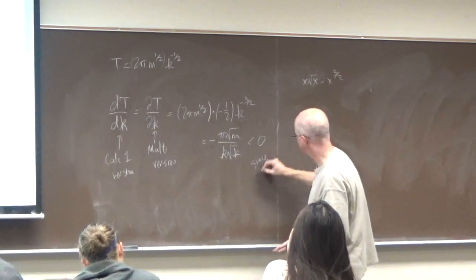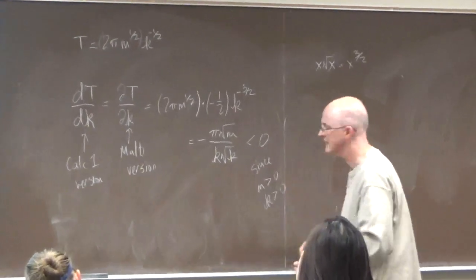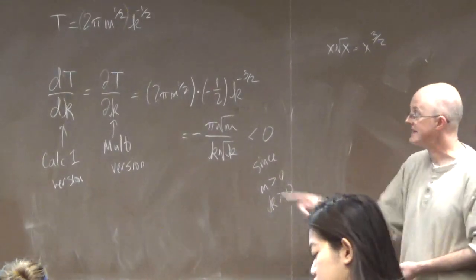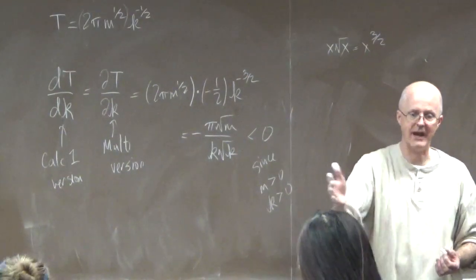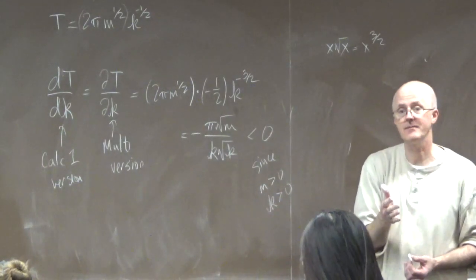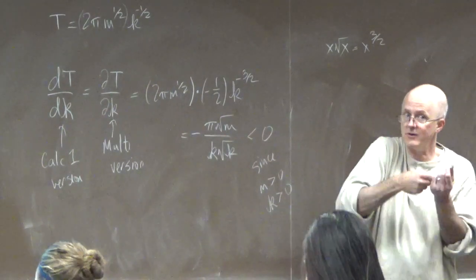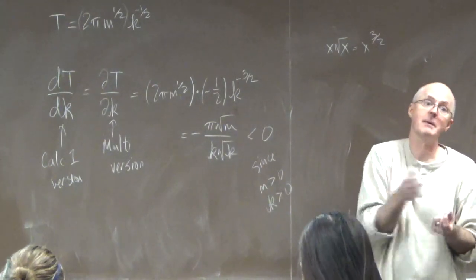It's got to have positive masses and positive spring constants. So that's telling you the period, how long the oscillation takes, going back and forth, decreases as K increases. The stronger that spring, the faster the oscillation, the smaller the period.